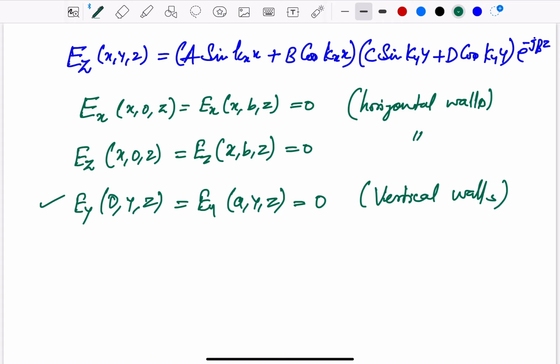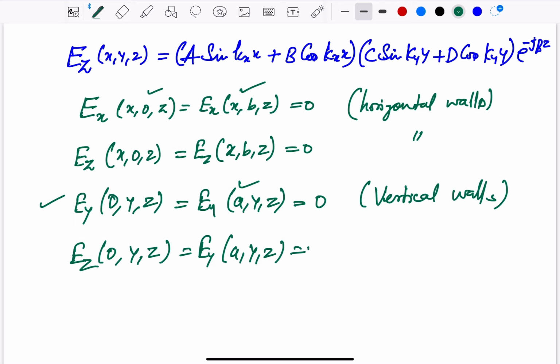And this is the left one, this is the right one. Similarly, here you can see this is the bottom one, this is the top one. Now the Ez component once again on the vertical walls, Ez(0,y,z) and Ey(a,y,z) again will be 0. So these are all the tangential components. Fine. Definitely this should be 0.